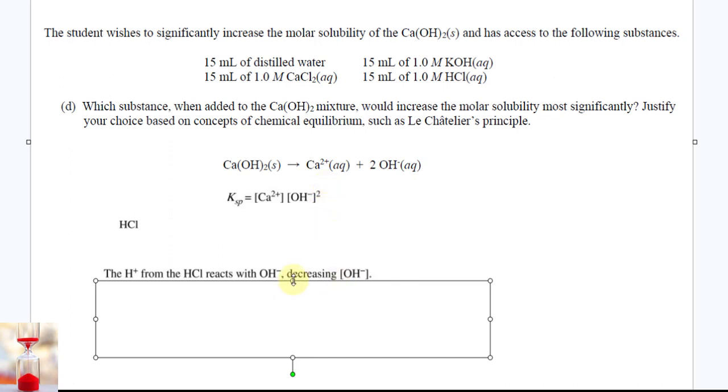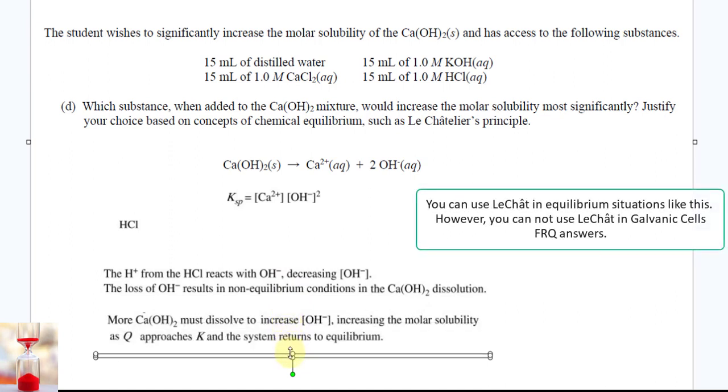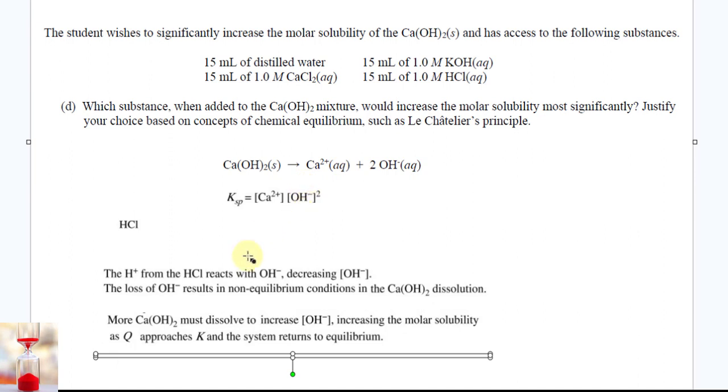You could invoke Le Chatelier's principle, or you could say that with the concentration of hydroxide lowered, our Q, our reaction quotient, is too small, and then the reaction will move forward to try and get up to the KSP again, where we end up getting both materials multiplying out to make the KSP we have. Either one of those would end up working.